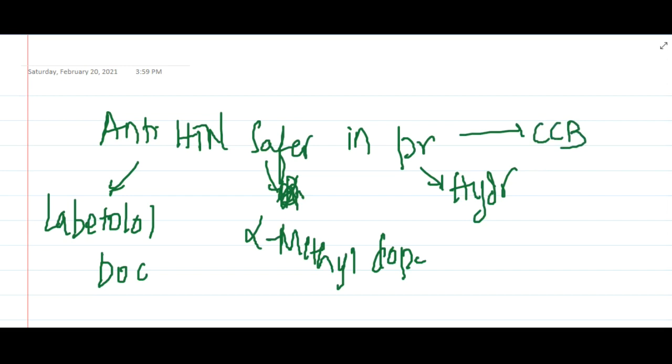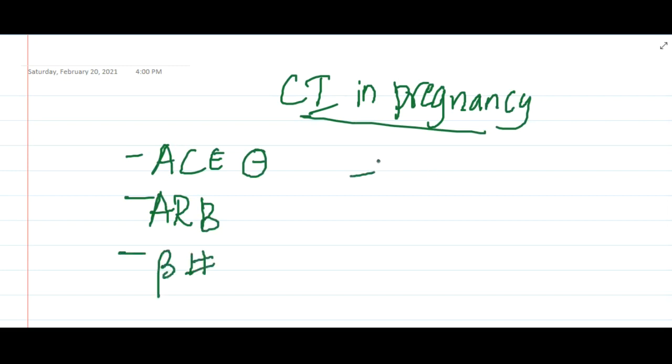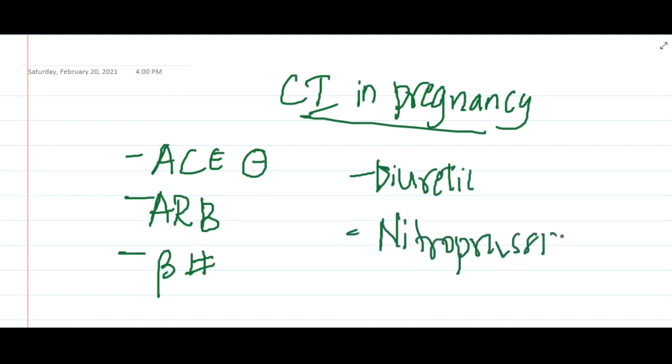What are the drugs which are contraindicated in pregnancy? In pregnancy, the drugs which are contraindicated are ACE inhibitors, angiotensin converting enzyme inhibitors, angiotensin receptor blockers, beta blockers, diuretics, and nitroprusside.